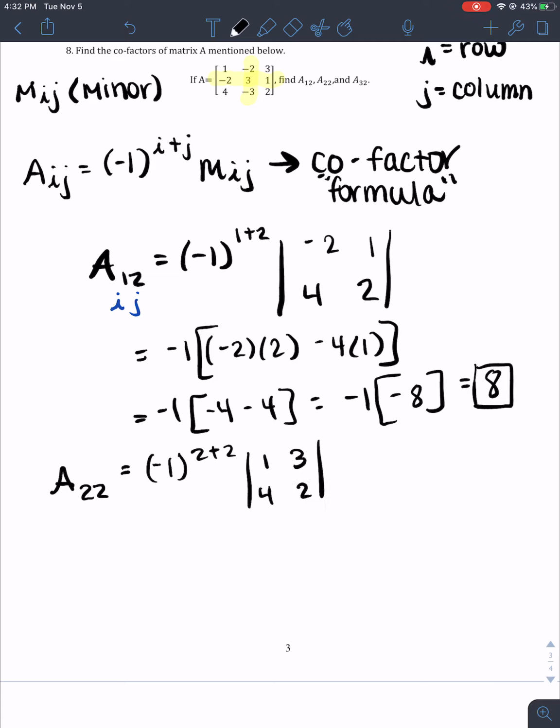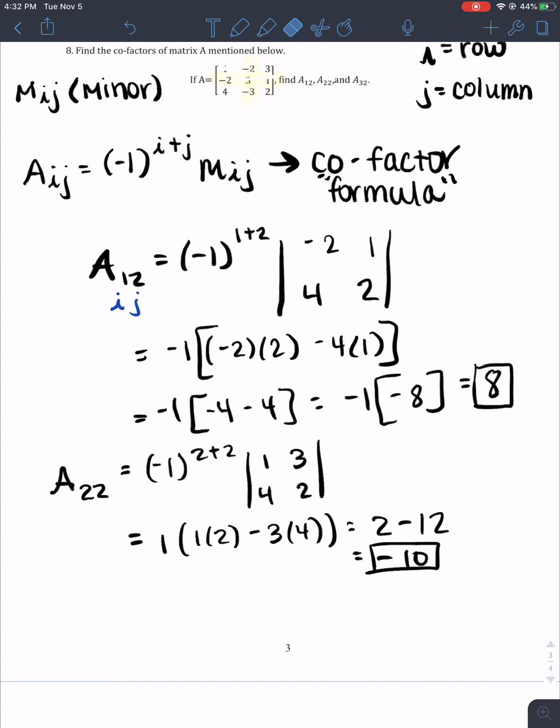Okay, so -1 to the 4th power is 1 because it's even, and then we want to take 1 times 2 minus 3 times 4. So 1 times 2 is 2, minus 12 gives me -10. Yes, you can have a negative cofactor. It's fine.